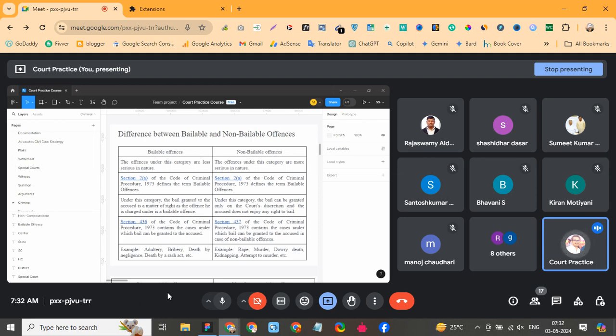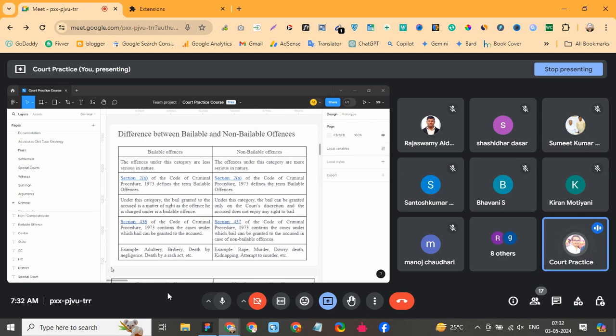So these are the differences on the basis of bail. In a bailable offense, the court can easily allow that person bail as a right.